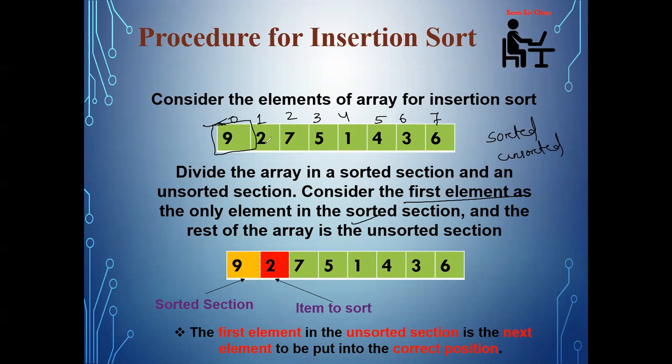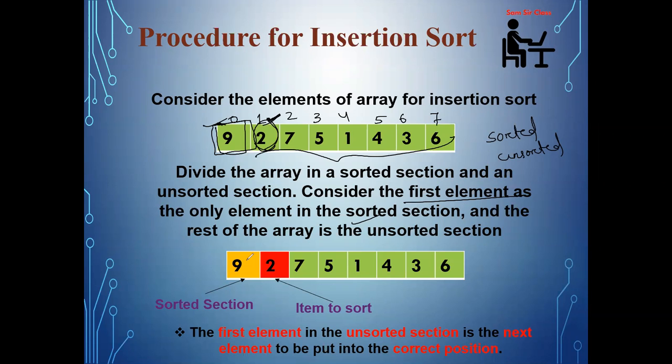From the unsorted part, you have to select the first element that you need to sort, because you are assuming that the first element is already sorted, so you have to apply some mechanism so that this element will be in sorted order.